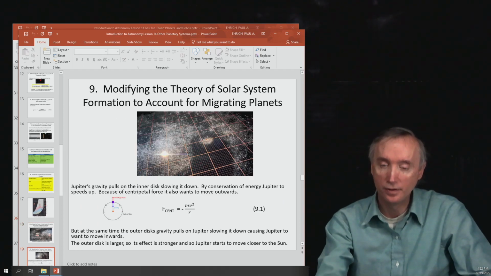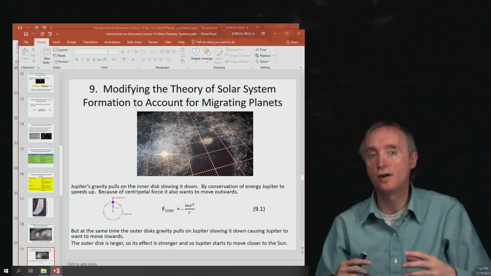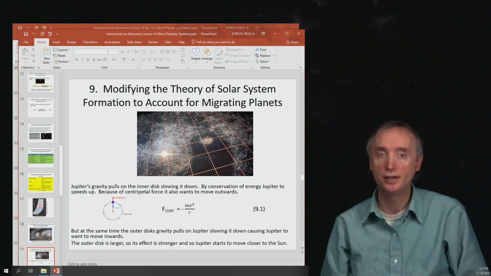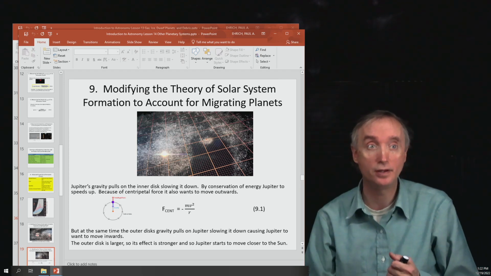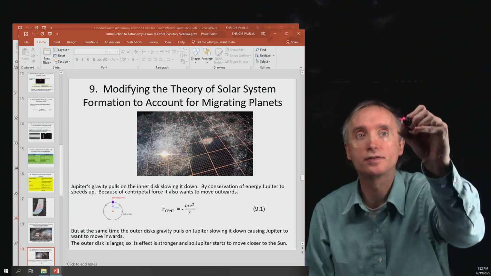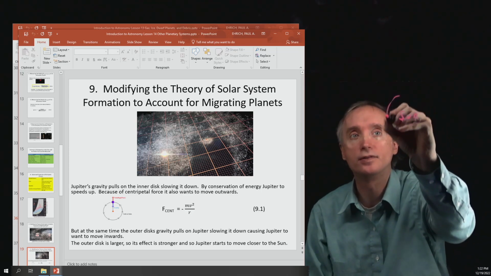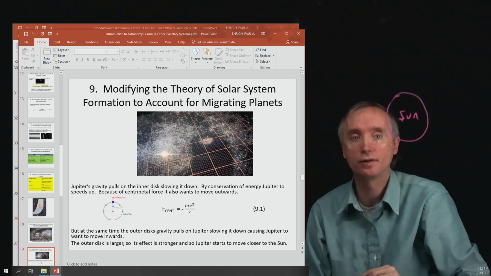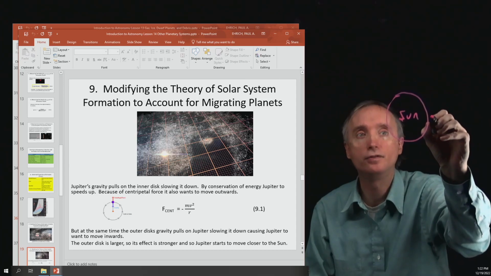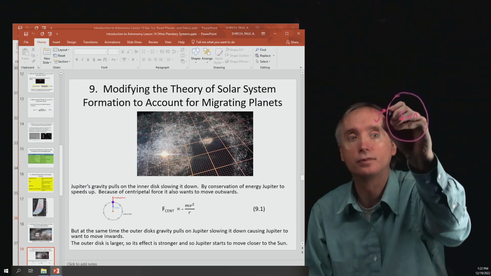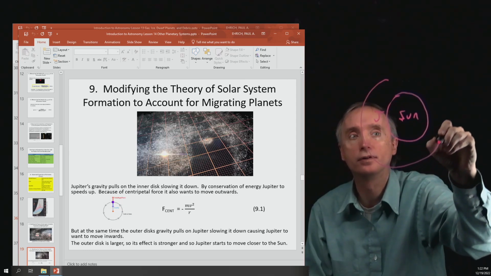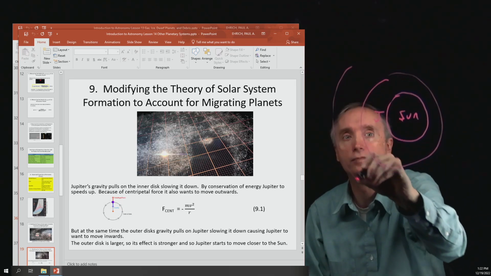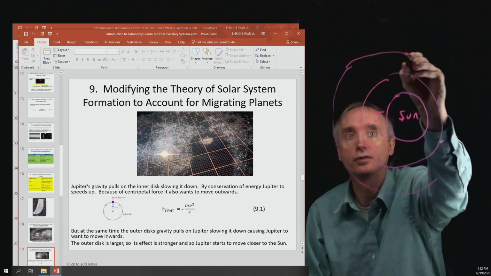Okay, but you can divide the solar system up into 3 main regions, gravitationally speaking. You've got the sun in the middle, surrounded by this disk of material, and then you've got Jupiter out here, and then another disk of material out here.